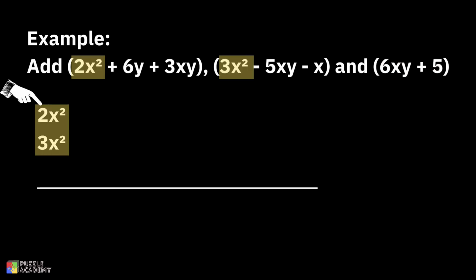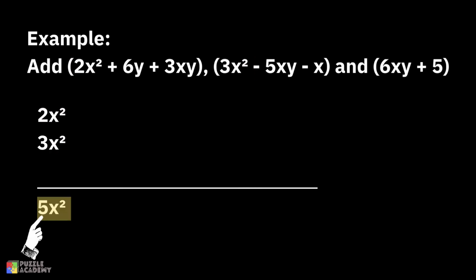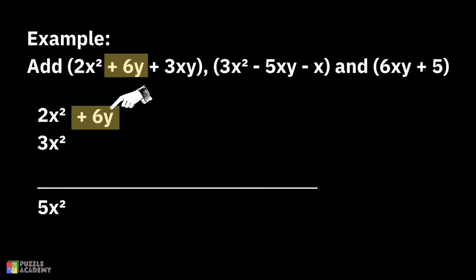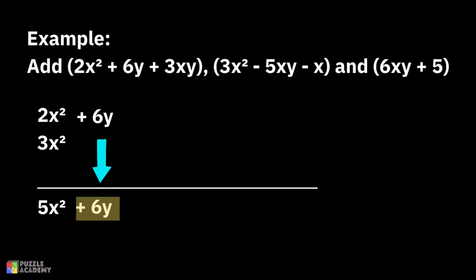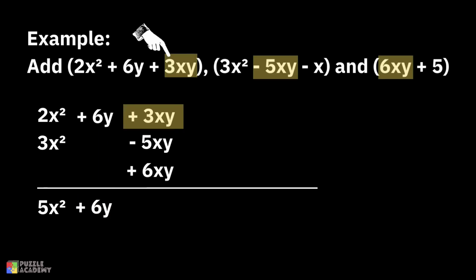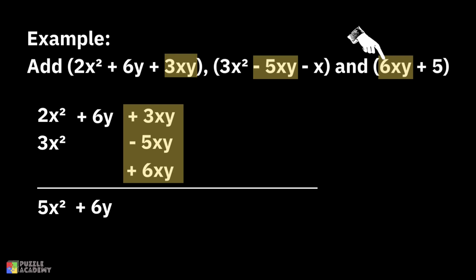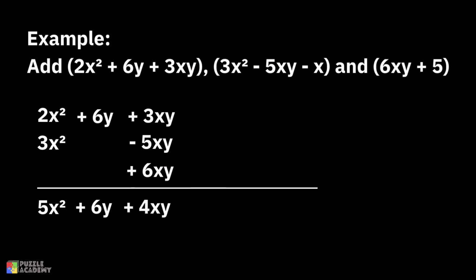So on our left side, we have 2x squared plus 3x squared. That is 5x squared. The next term is 6y. And since we don't have the same terms like 6y, we just bring it down. And for the third term, we have 3xy plus negative 5xy plus 6xy. So we add them, that is 4xy.